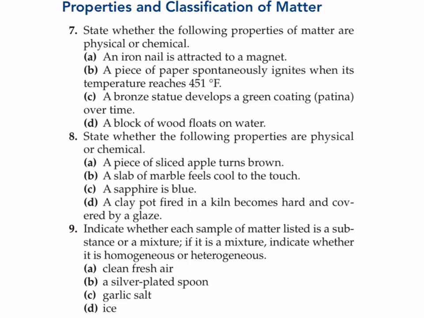Some of them are harder than others. So let's do the first one. An iron nail is attracted to a magnet. Picture your iron nail and your magnet coming together. Are any new substances formed? How many people think yes? How many think no? I agree. How many people think it's a chemical change? How many think it's a physical change? Yeah, me too. Or property.